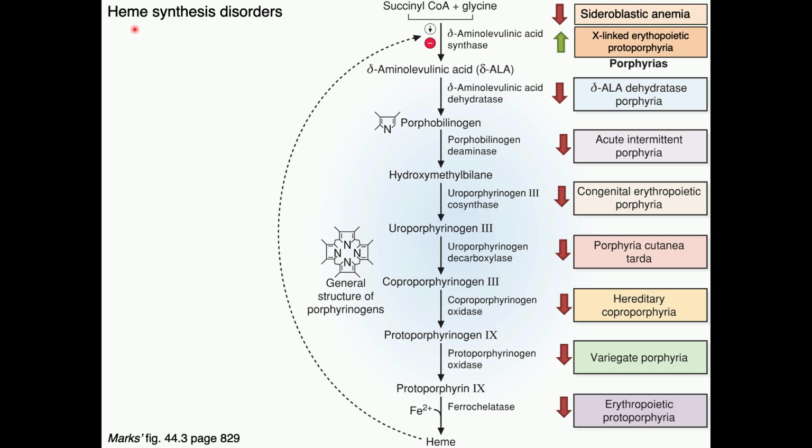All right, so with our heme synthesis disorders, we've got the X-linked erythropoietic protoporphyria that's caused by a mutation that increases ALAS2 function, and then all of the other ones, sideroblastic anemia and downstream, are due to loss of function mutations.